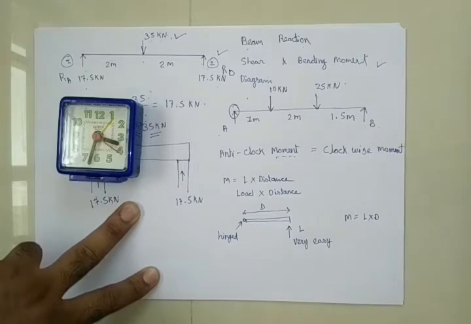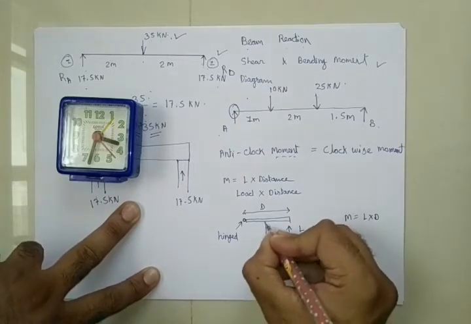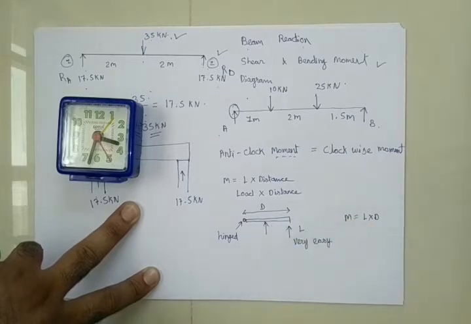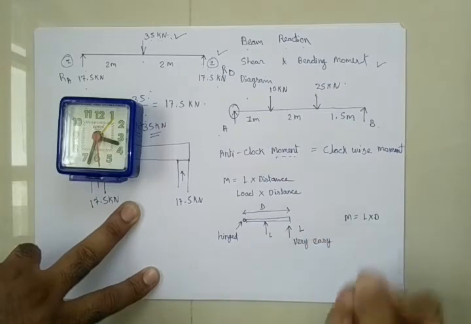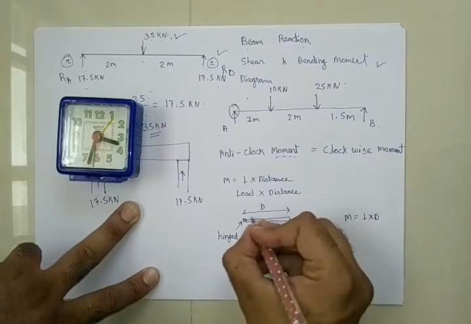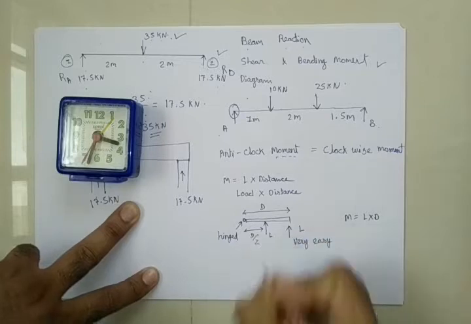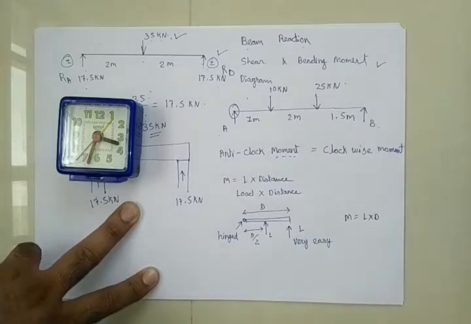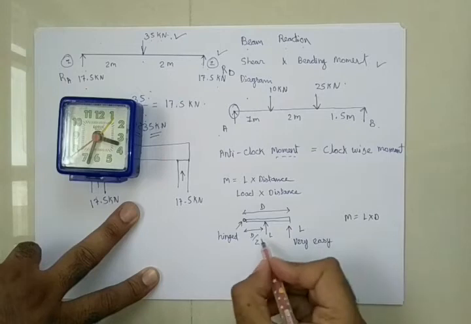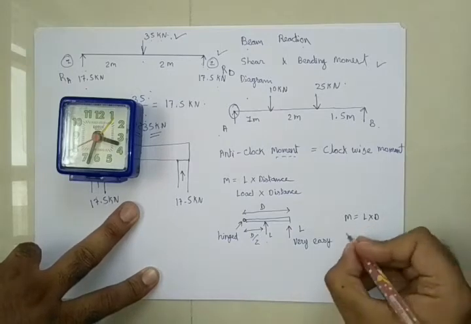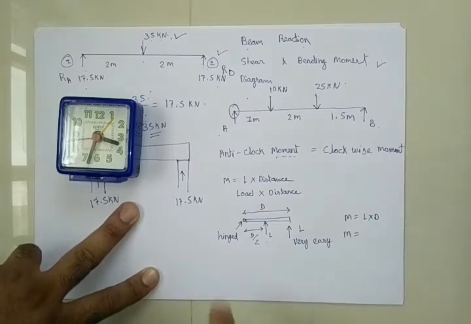But what happens if I apply a load from here, that is at D by 2? Let me say this is at D by 2. Now let's see what the moment will be if I apply a load from here. Moment is equal to load into distance.